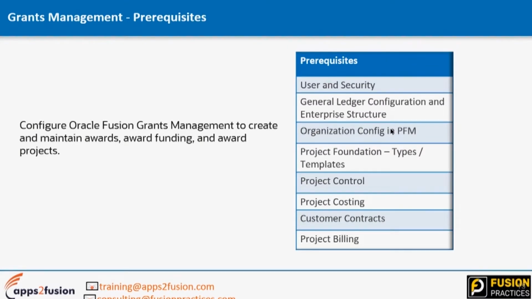So when we start implementing grants management, we have to take care of all these things. Grants management will never be implemented as an independent module because it's a part of project, right? And obviously, since the execution happens against a project, you have to take project also into account.